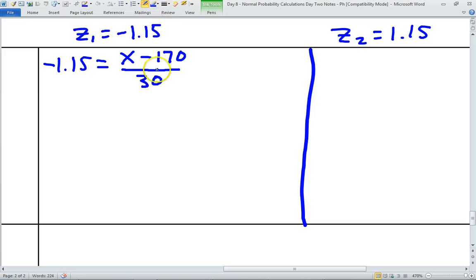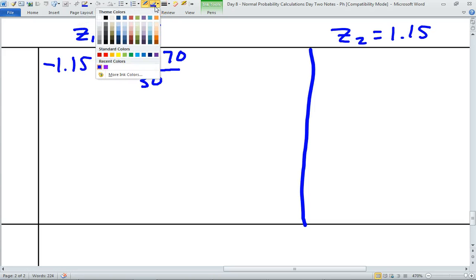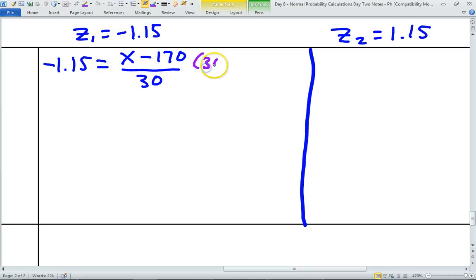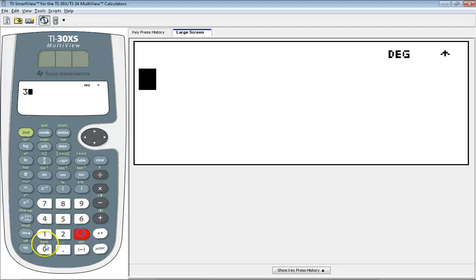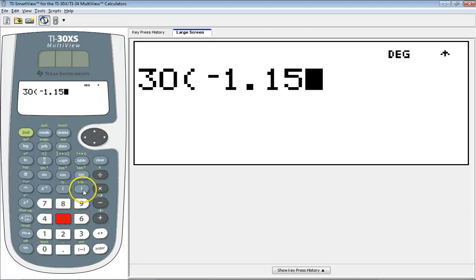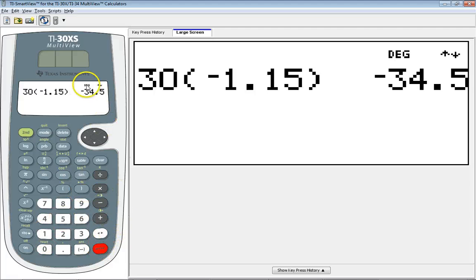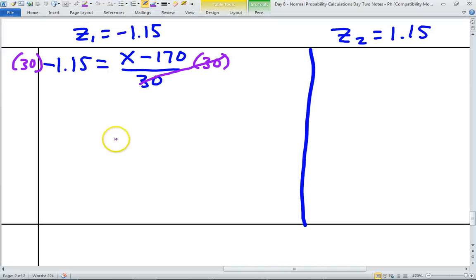So of course I am going to multiply both sides by 30. Always multiplying by the denominator. Okay, that way those are going to cancel each other out. 30 times negative 1.15. That's negative 34.5.